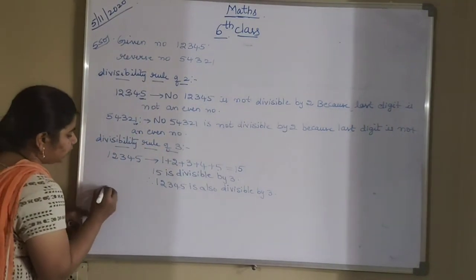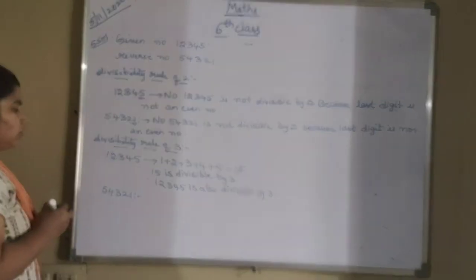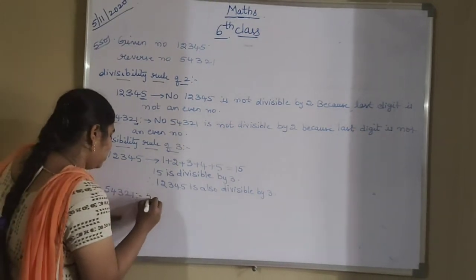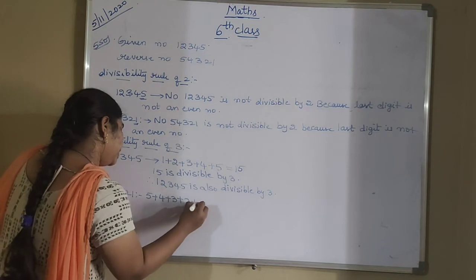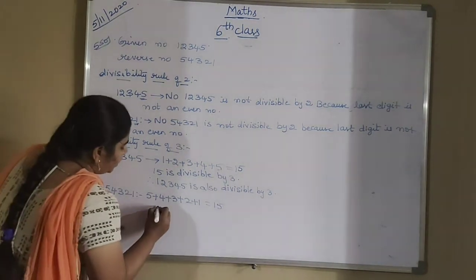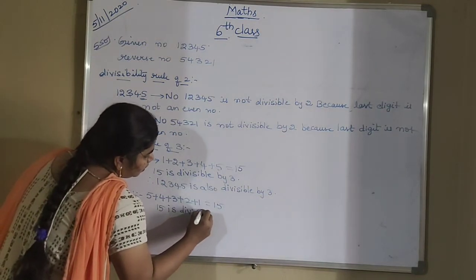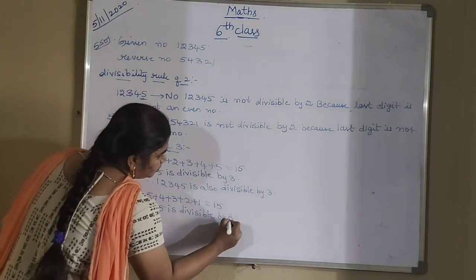Now check for the reverse number. What is the reverse number? 5, 4, 3, 2, 1. Whether this number will be divisible or not, we have to check. 5 plus 4 plus 3 plus 2 plus 1, again it will be 15 only. So 15 is divisible by 3.